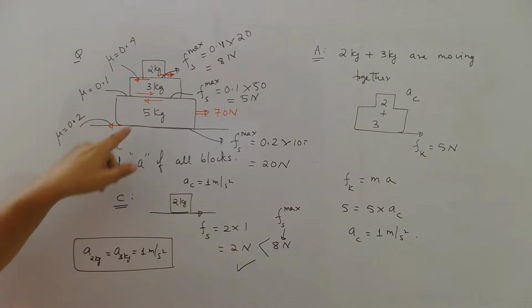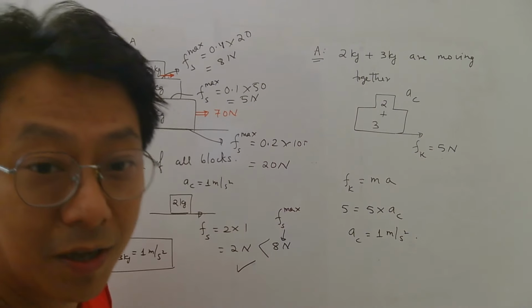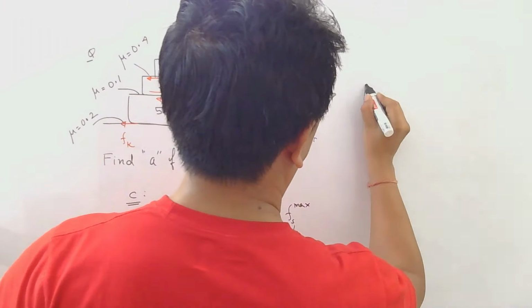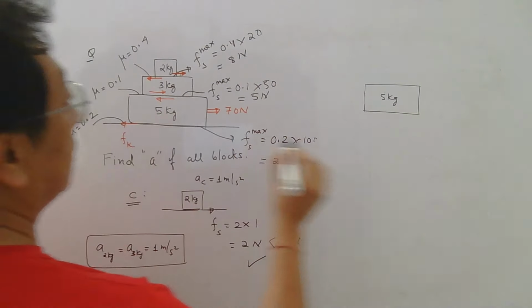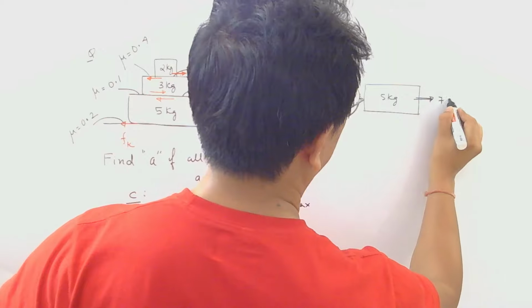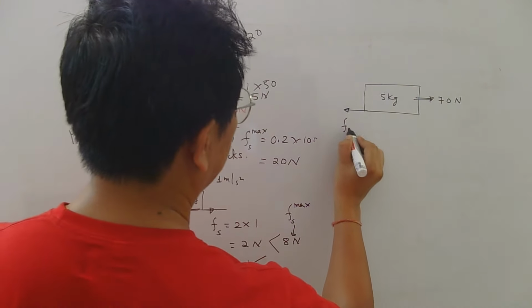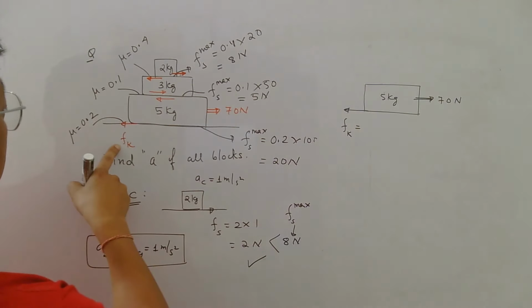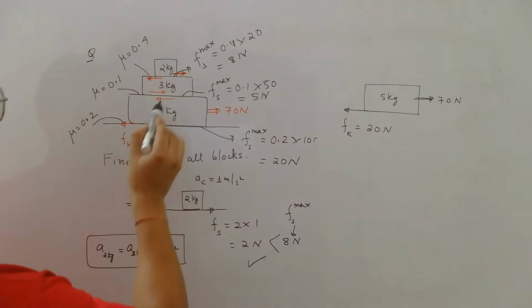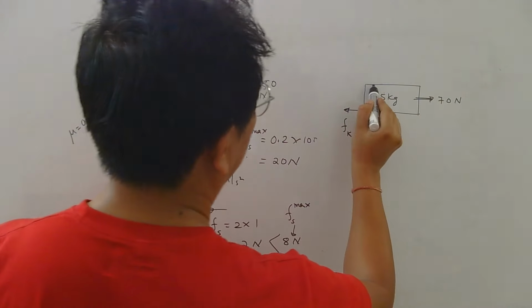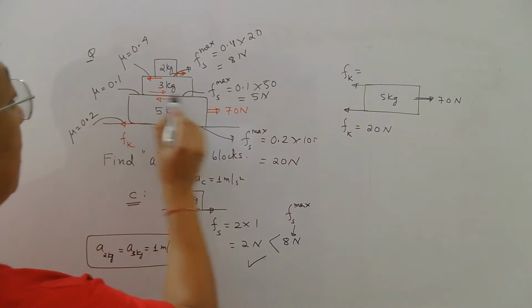What about the acceleration of 5 kg? For that we need to apply Newton's second law for 5 kg. So if you look at 5 kg, here there is an applied force of 70 Newton. Here there is kinetic friction, which should be the maximum static friction, 20. And here I am saying there is slipping, so there will be kinetic friction that is equal to the maximum static friction here, 5.